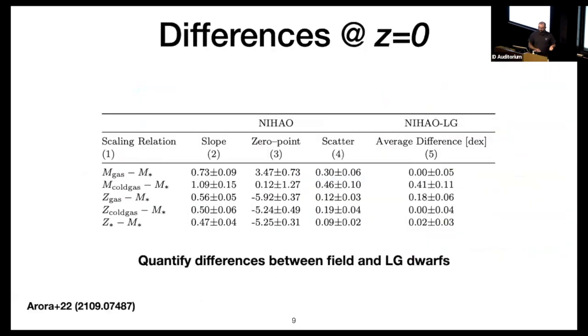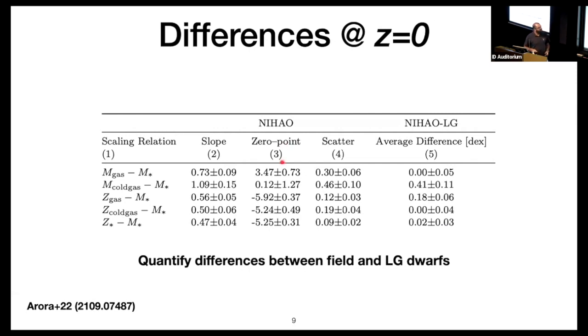All right, so let's actually make this quantitative. Basically, what I've done on this table, there's a lot of numbers, don't worry about the exact numbers, is construct scaling relations from NIHAO and actually then use the local group galaxies to find out on average how far away my local group population is from the field population.